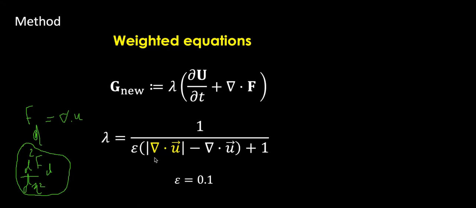You mean if I decay lambda? Yeah. The way that your lambda works here, when you have shock waves, you get a big denominator, right? And then you are reducing the attention at shock waves. That's what you do, right? Yes, that's what I do.